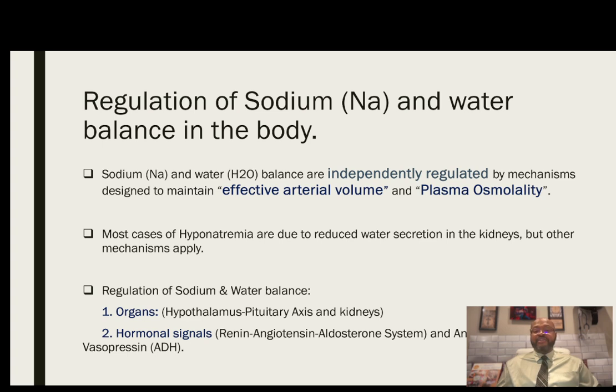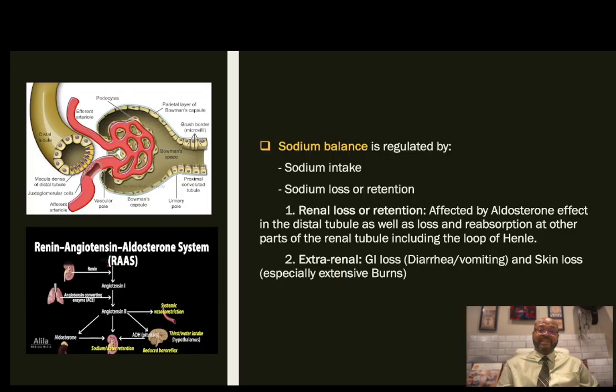In the regulation of sodium and water balance, the organs involved are the hypothalamus, pituitary axis, and the kidneys. And there are hormonal signals, the renin, angiotensin, aldosterone system, and the antidiuretic hormone, which we also call vasopressin. These are regulators of sodium and water balance in the body, but we'll see how that happens.